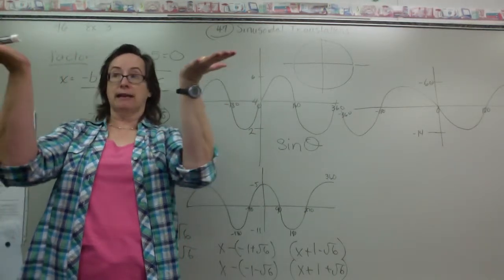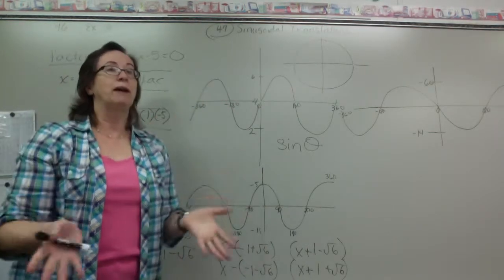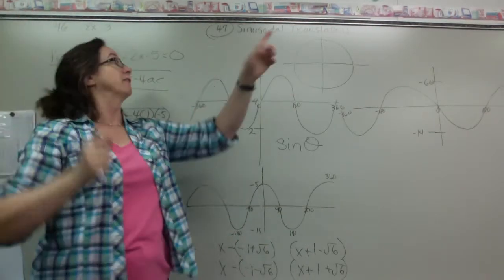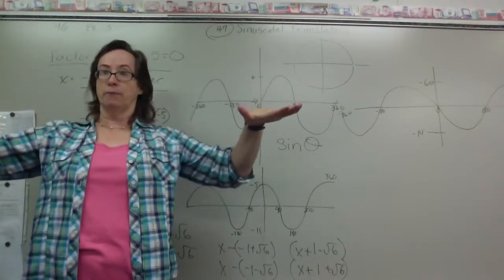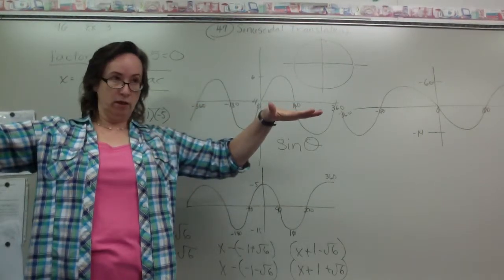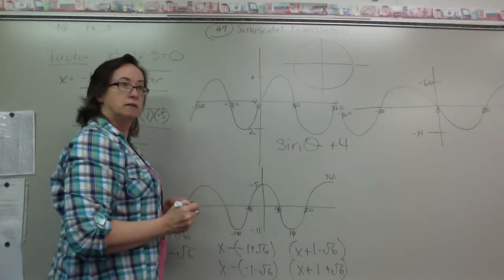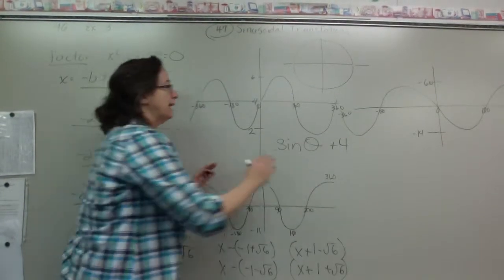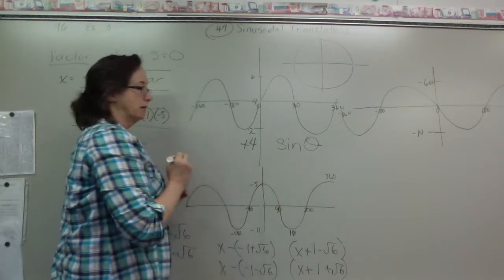We've translated the baseline of this function up to 4. We've made a shift, a vertical shift. That's what we're talking about today. So where is the vertical shift to? We've shifted to 4. Okay, so could we put a +4? Yes. Right, outside the function. Now your book puts the +4 in the front. Does it make any difference? No.